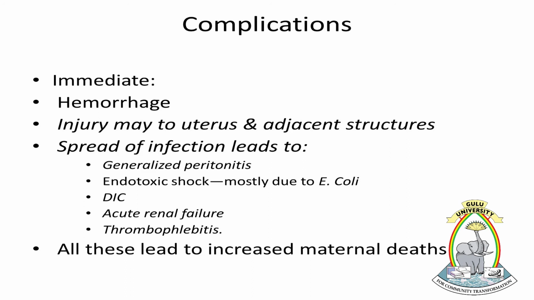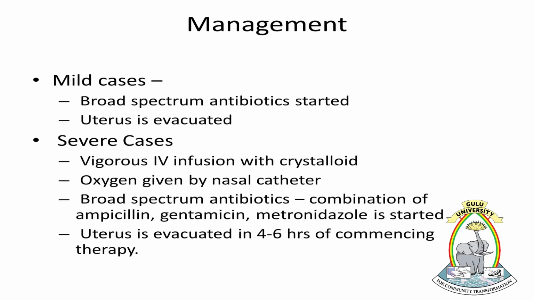You may also get disseminated intravascular coagulation, acute renal failure, already talked about, and thrombophlebitis, which means a thrombus formed on the veins. All this leads to increased maternal death. So you may need to know that abortion is one of the major causes of maternal death in Uganda.